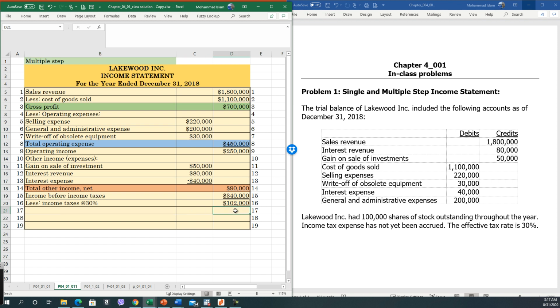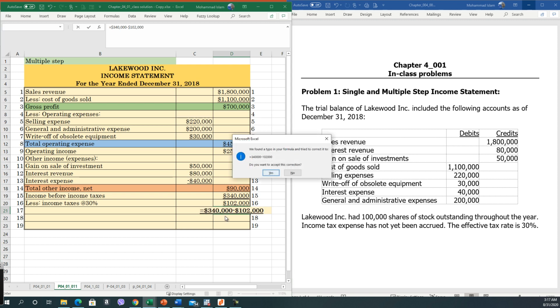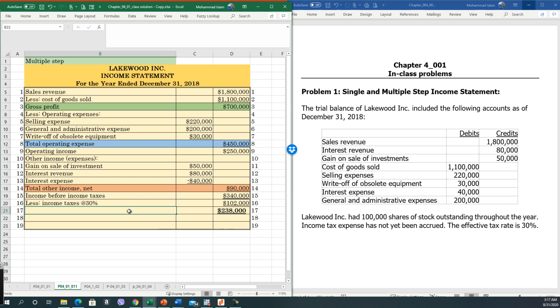So after subtracting this one from 340, let's type 340,000 minus 102,000, 238,000.